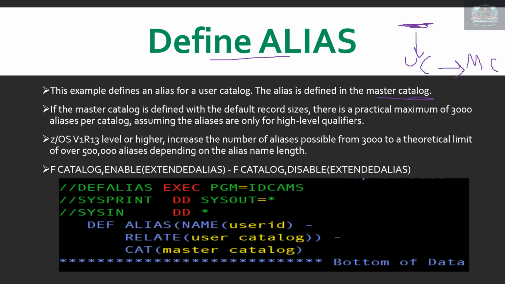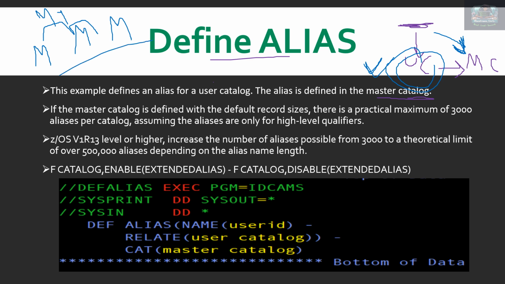Normally, you may be thinking, why do we need this user catalog in between? Why can't we create all these aliases directly in the master catalog? It's like a managerial role. One team has one manager, another team has another manager, and all these managers have another manager above to regulate the work.